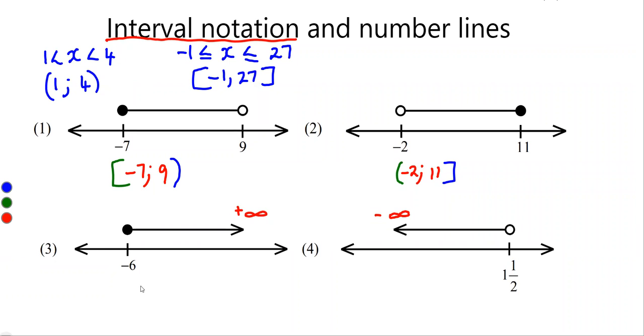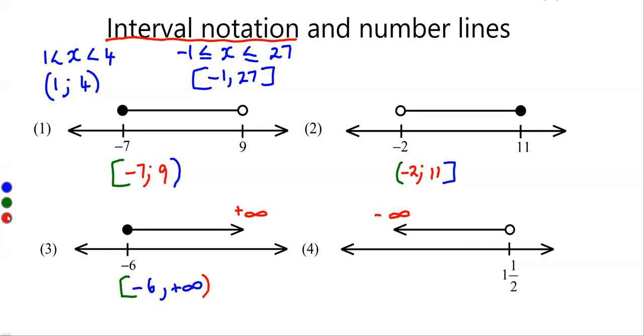Let's see what we're supposed to do. We're supposed to start by writing -6 here and our comma there, and we have positive infinity. Now in this case, you put a normal bracket here. Then here, since you're including the -6, you must put that corner bracket.